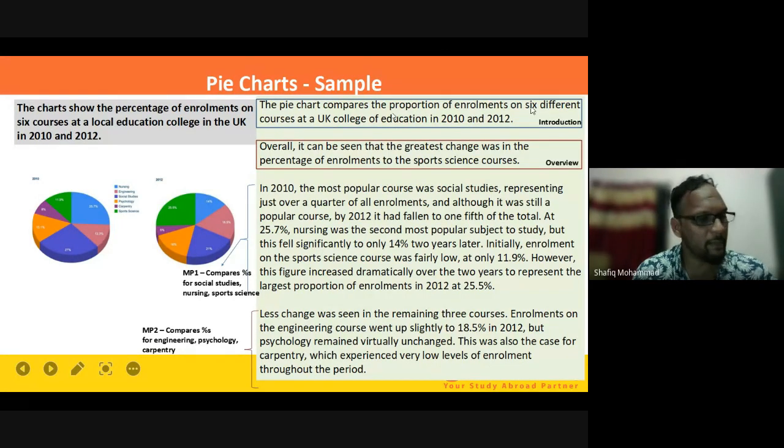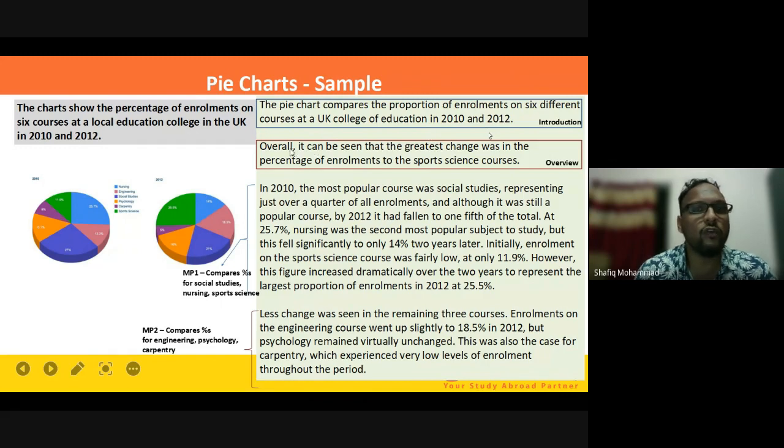Many people have even changed that to 6 different course types, or 6 different streams. Really good.